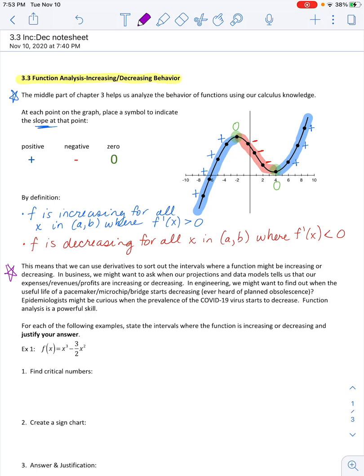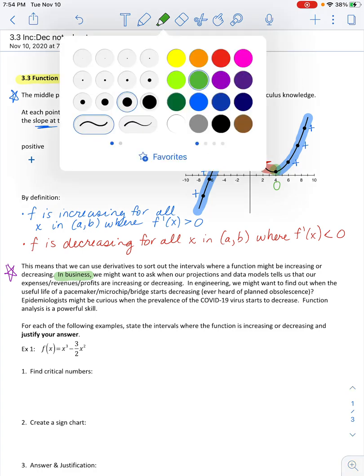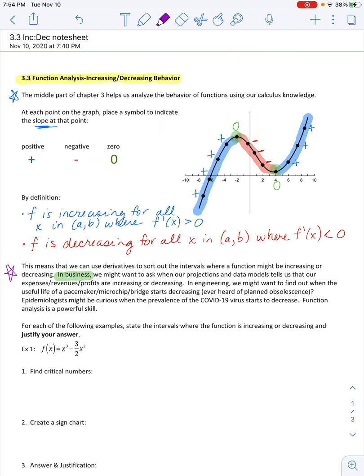I particularly love the part in the middle where it says, in business, we might want to ask when our projections and data models tell us that our expenses, revenues, profits are increasing or decreasing. In engineering, we may want to find out when the useful life of a pacemaker, microchip, or bridge starts decreasing.